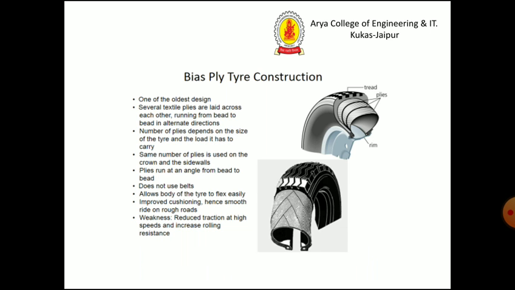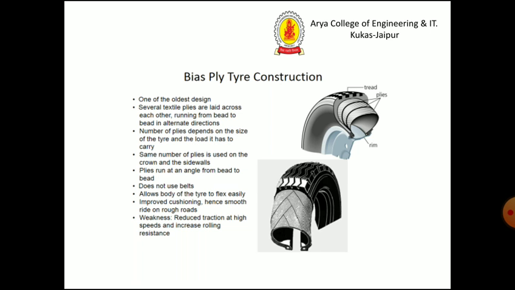Now we start with the bias ply tire construction. This is one of the oldest designs. Several textile plies are laid across each other, running from bead to bead in alternate directions. The number of plies depends on the size of the tire and the load it has to carry.